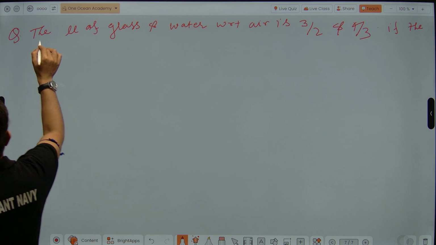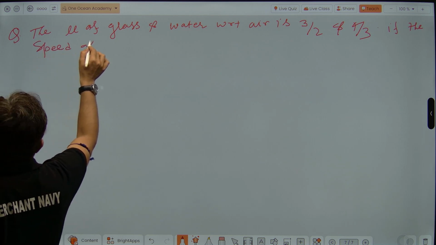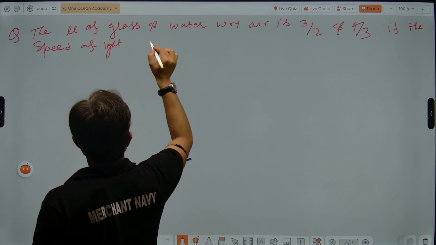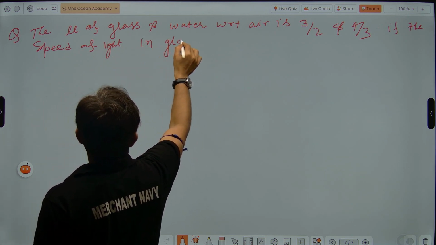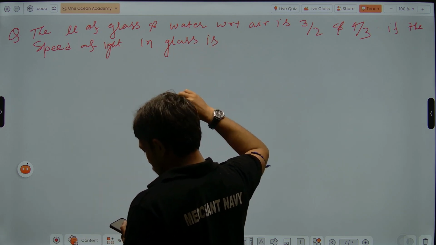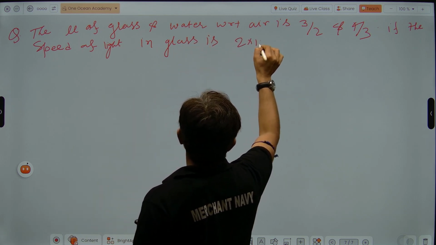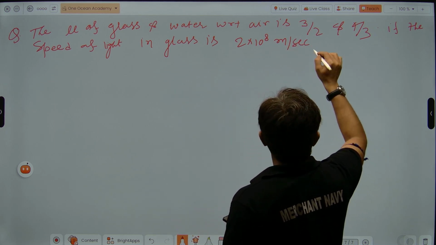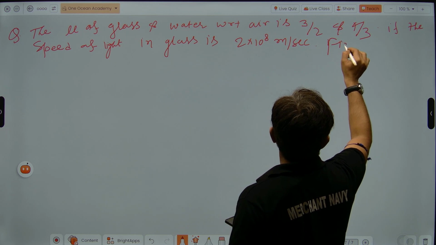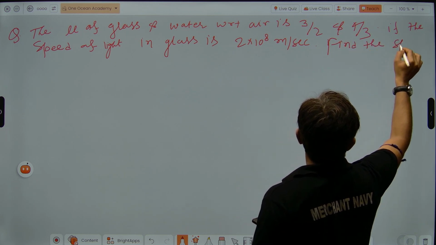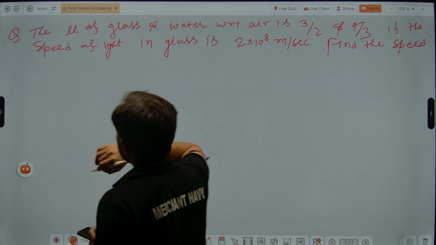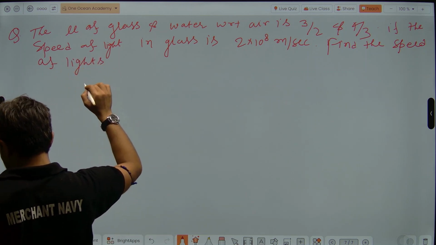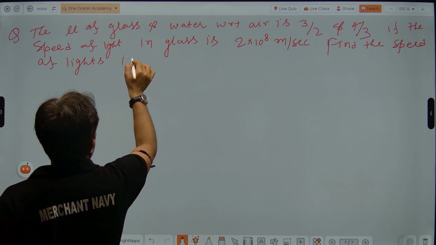If the speed of light in glass is 2 into 10 to the power 8 meter per second, find the speed of light in water.